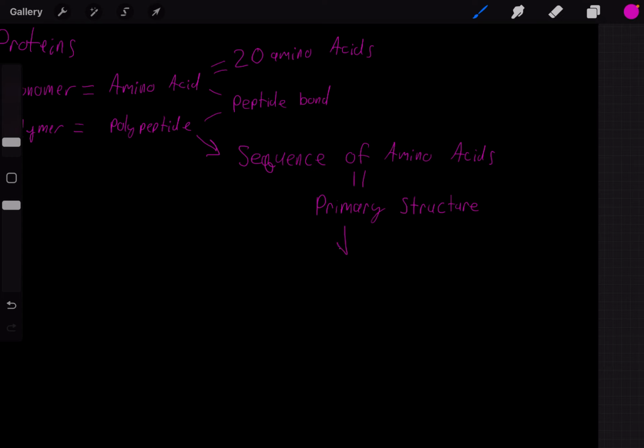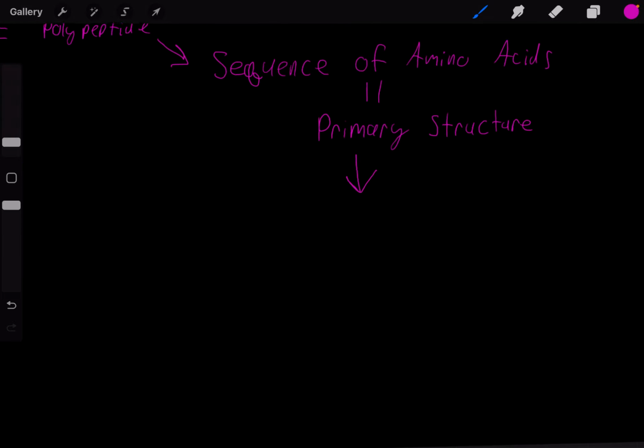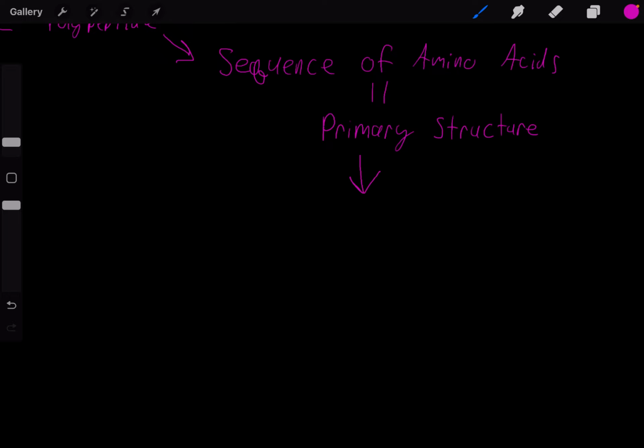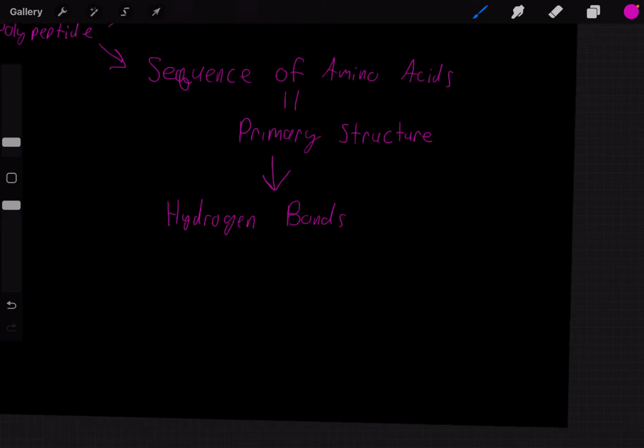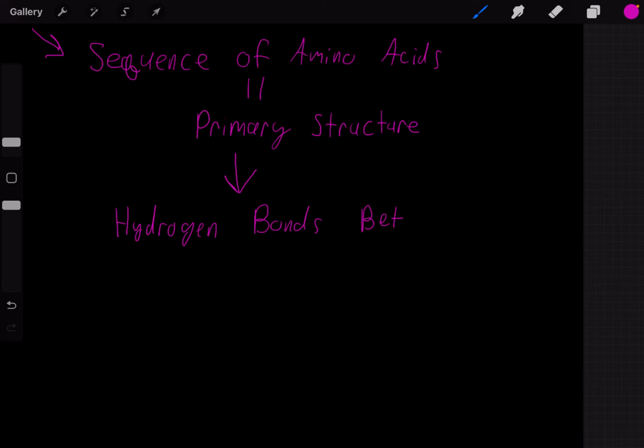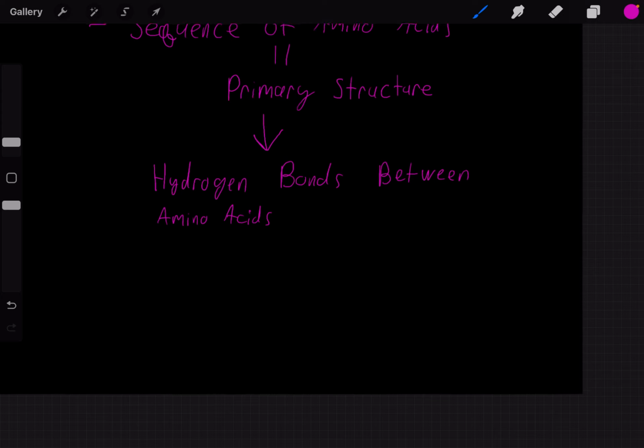Now, from a primary structure, you want to go to a secondary structure, and a secondary structure is hydrogen bonds between amino acids.